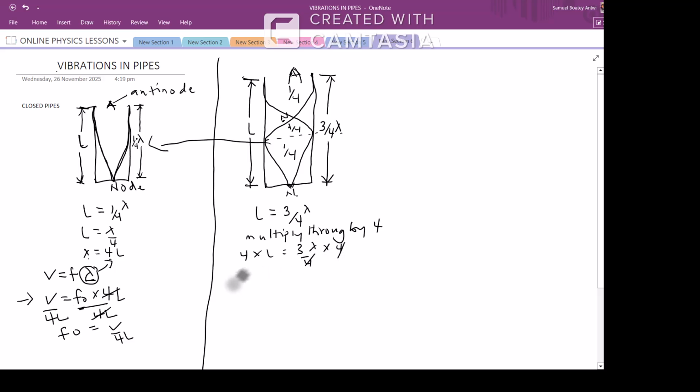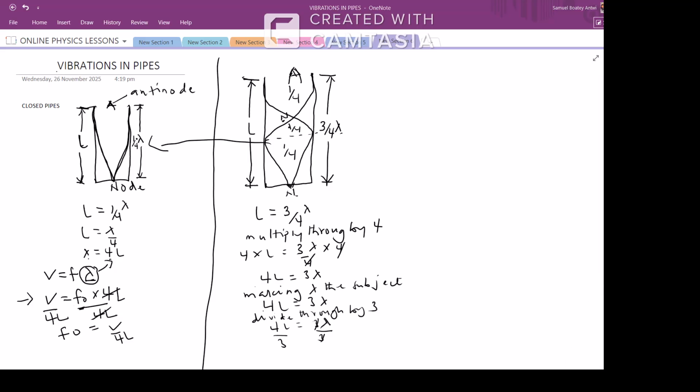This cancels this, so we have 4L equals 3 lambda. We want to make lambda the subject of this equation. So when making lambda the subject, we divide through by 3, and then we cancel out. So all we have now is 4L over 3 equals lambda.